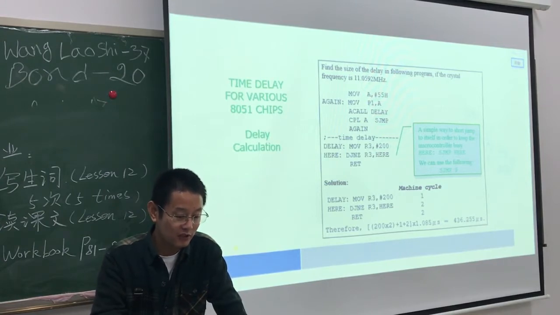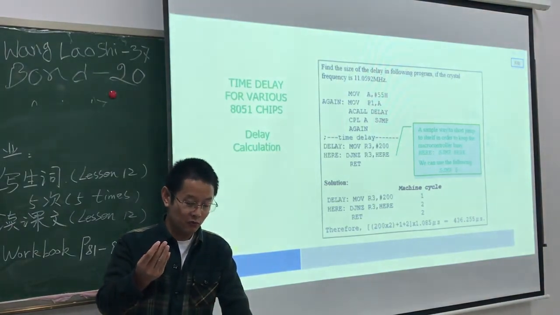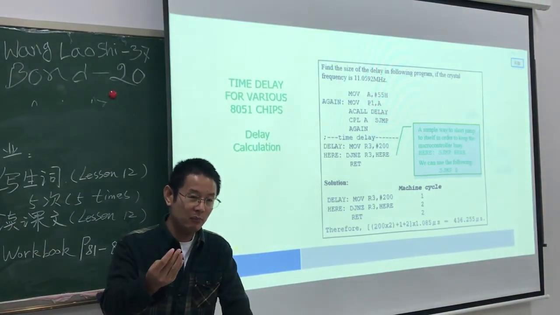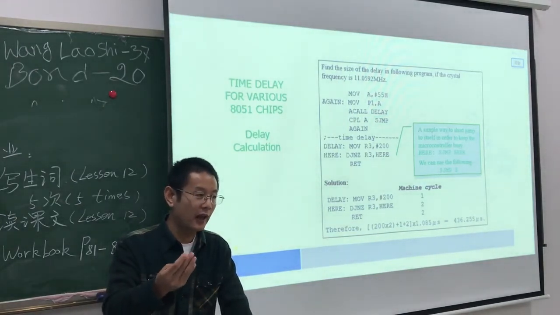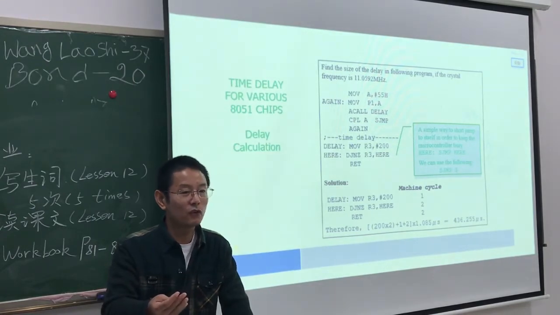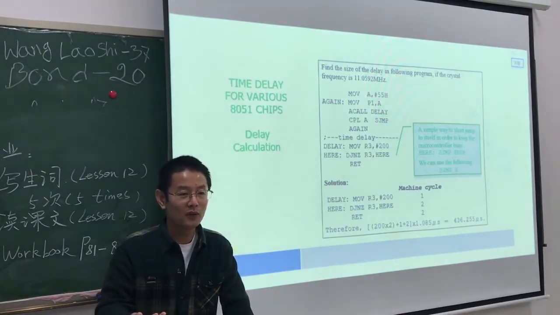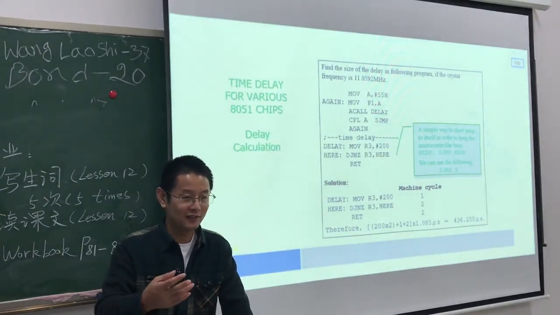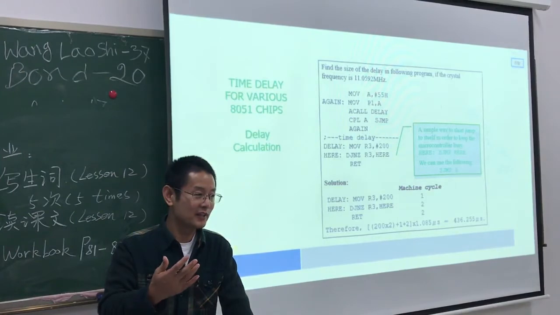But if we use assembly language, we can get an accurate delay. If we use C language to make a program, it may be different, and we may not get the time we expect.